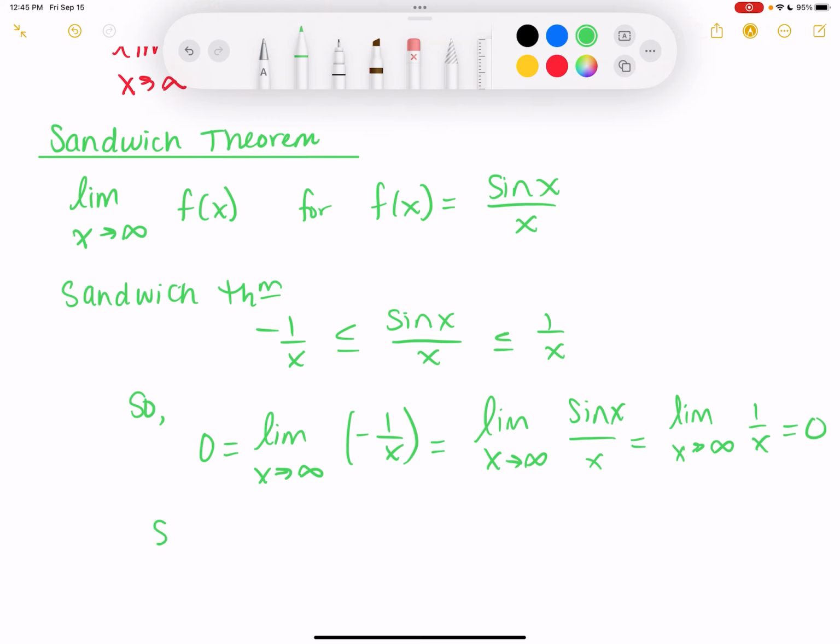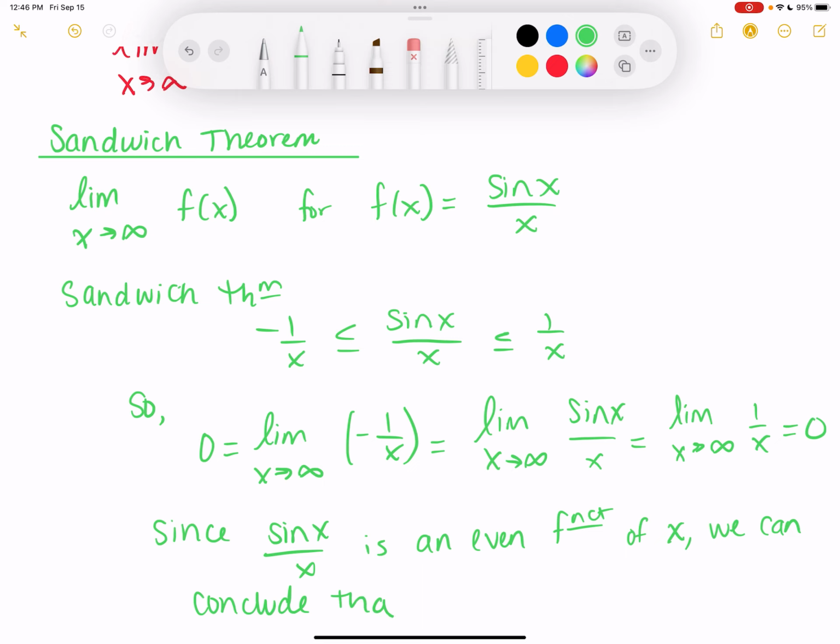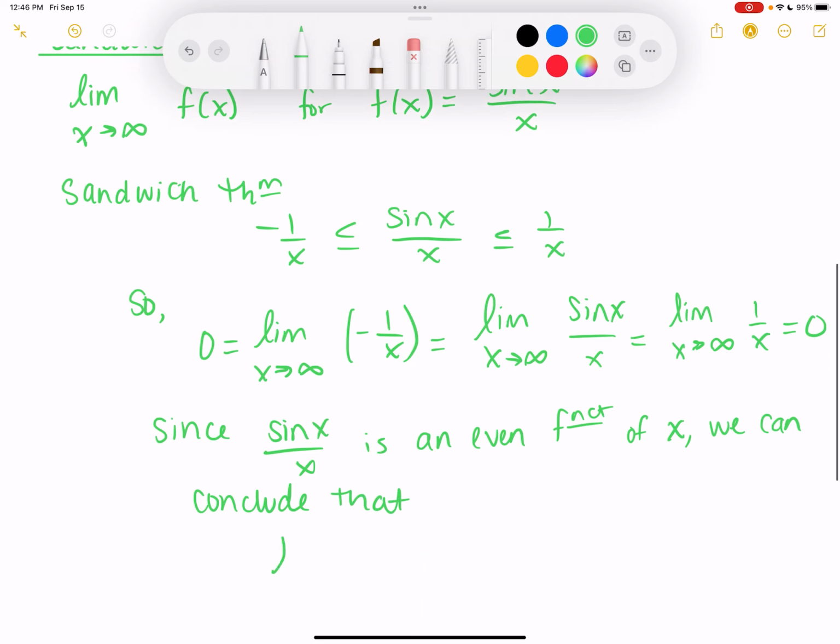So since sine of x over x is an even function of x, we can conclude that the limit as x approaches negative infinity of the sine of x over x is also equal to 0.